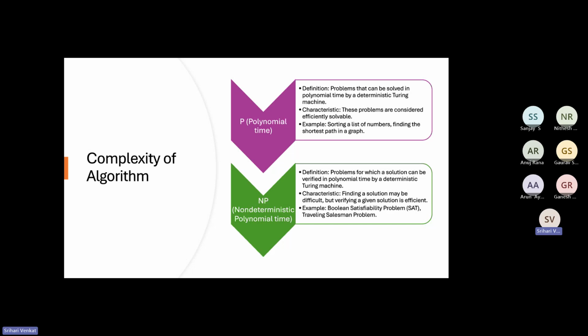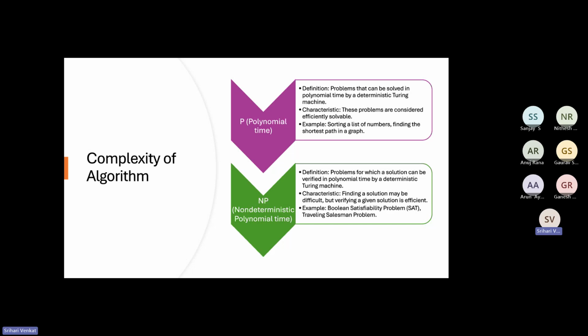SAT is where someone gives you a Boolean formula and asks you to figure out all the variables that satisfy this formula. It can't be done easily because there are so many combinations that could satisfy it. But if someone gives you the variables and asks you to check if they satisfy it, then it can be easily done.